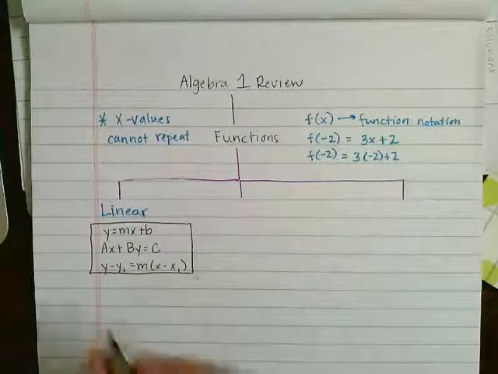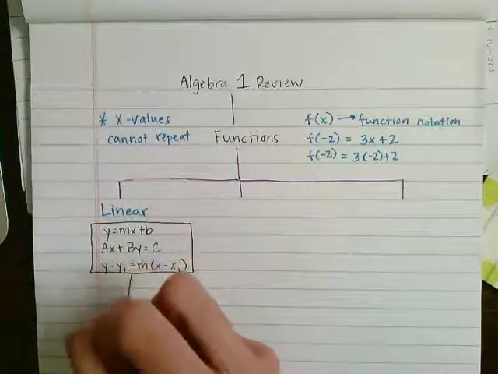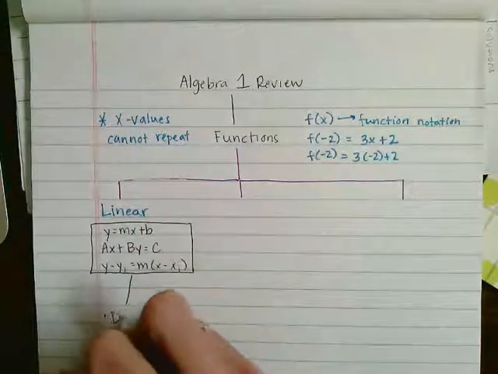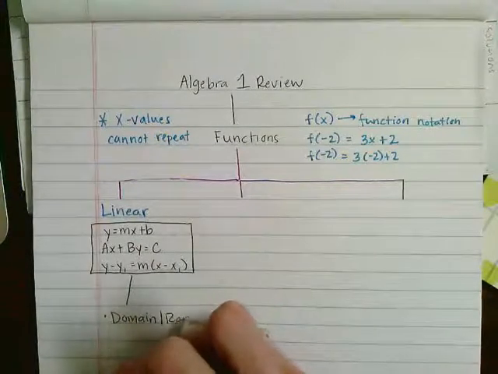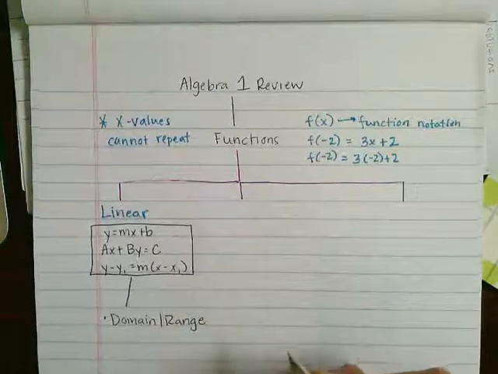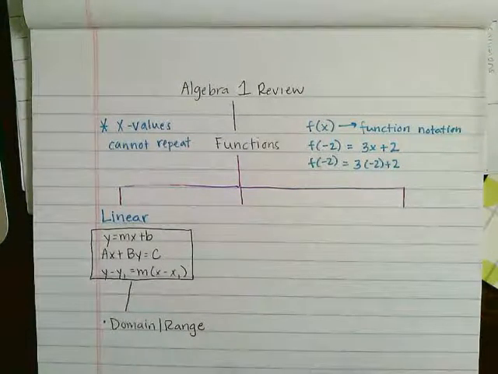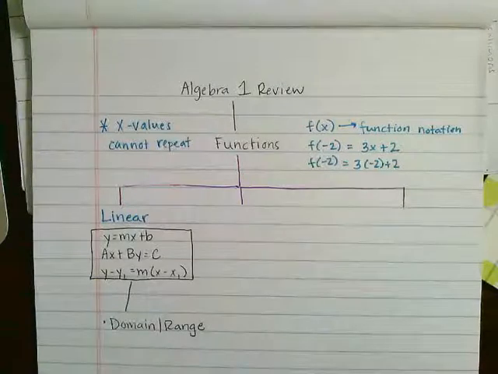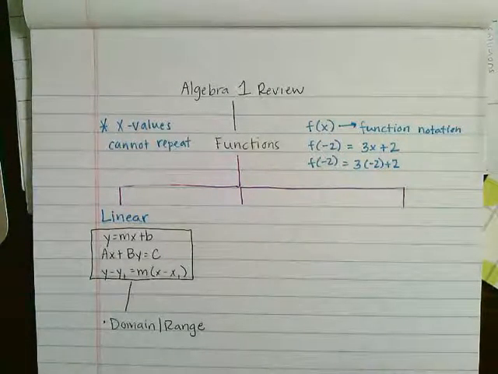Now, within this linear function, you were asked to find domain and range. That is where you're finding the x values, where the function occurs within the x values, and where the function occurs in the y values. Remember to always start from negative to positive, both ways.